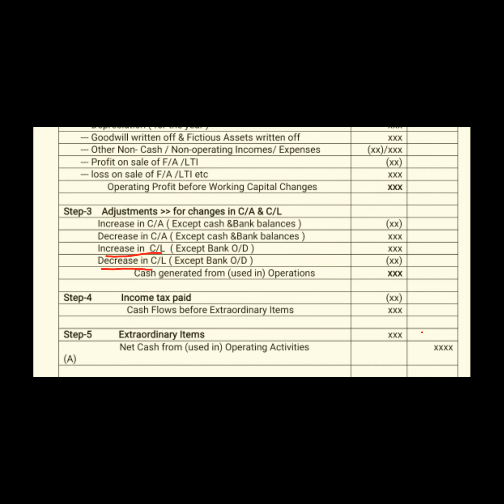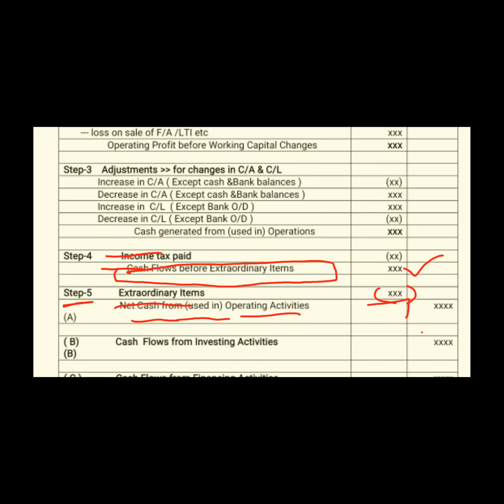After the increase or decrease in current liability, what you have got is cash generated from operations. From that, step 4, income tax paid, you minus. You will get cash flow before extraordinary items. Then adjust extraordinary items: whatever extraordinary items you deducted previously, now you add back.